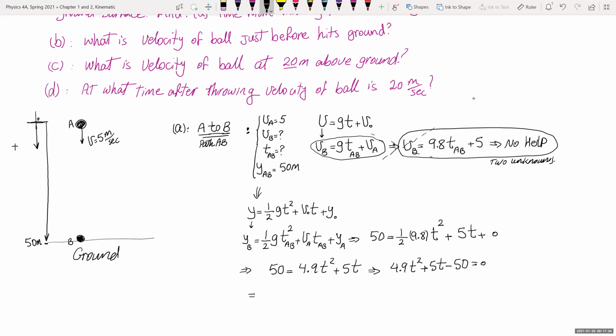So how can I solve this quadratic equation? t will be, it's algebra, minus b, which is minus 5, plus or minus radical b squared, which is 25, minus 4 times 4.9 times 50, correct? Divided by 2a, divided by 2 times 4.9. So go ahead, find the answer, please. Tell me how much is the answer.